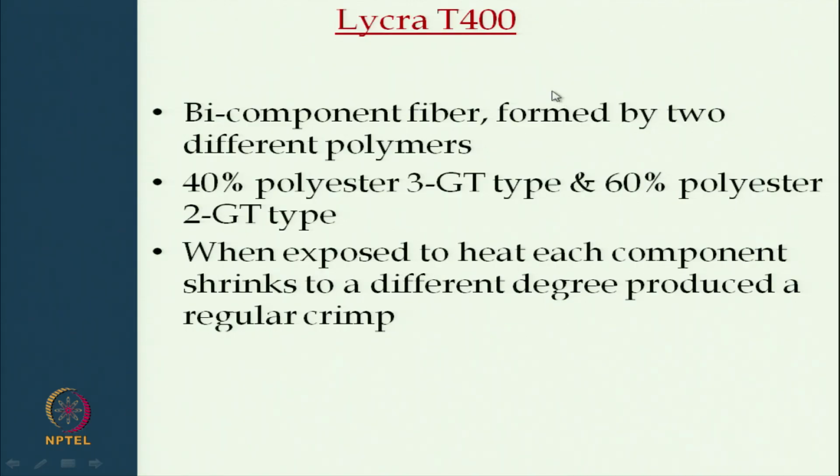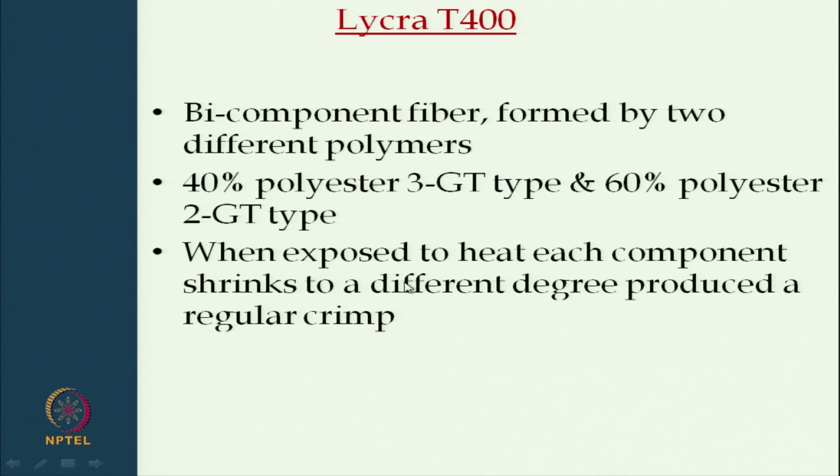Another special product is called Lycra T400, a bicomponent polyester fiber formed by two different types of polymers, 40% polyester 3GT type and 60% polyester 2GT type.